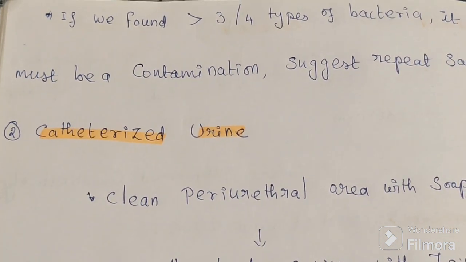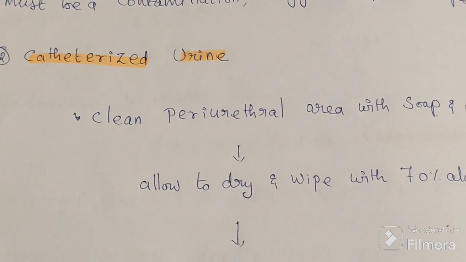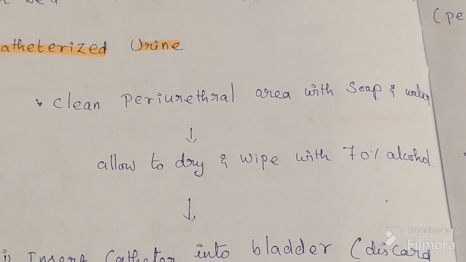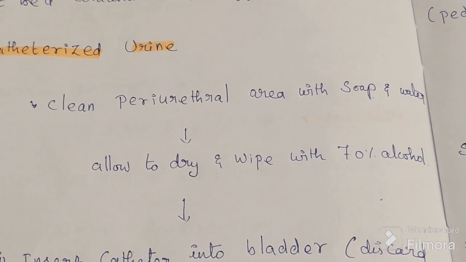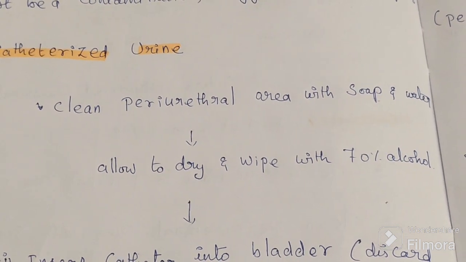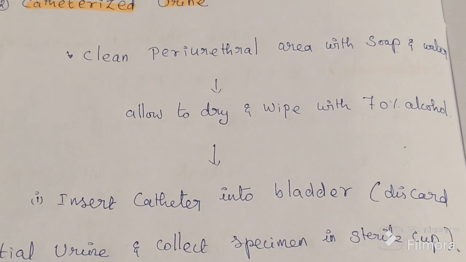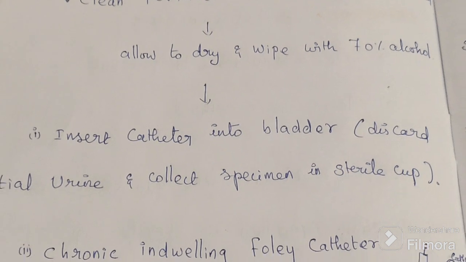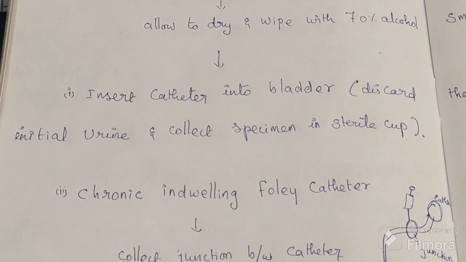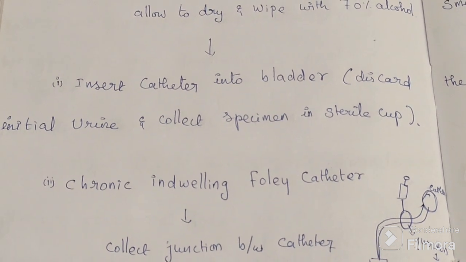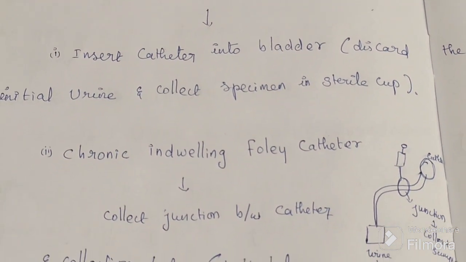Second method, catheterized urine. Clean the periurethral area with soap and water, allow to dry and wipe with 70% alcohol. Then insert a catheter into the bladder, discard the initial urine and collect the specimen in a sterile cup.